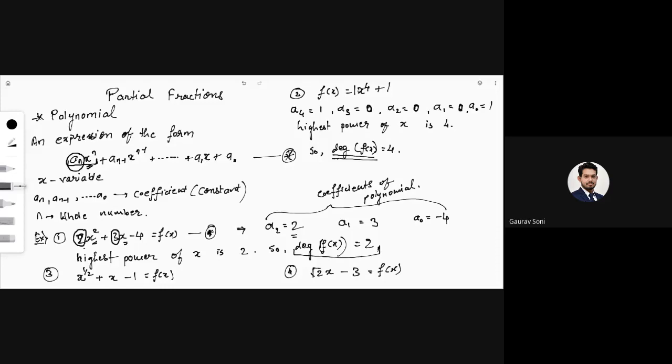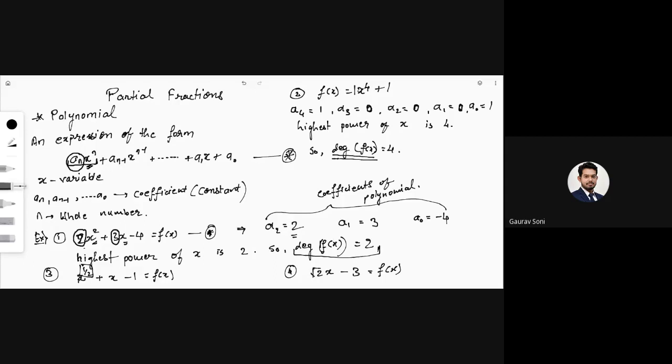Is the third one a polynomial? No, sir. Why? Sir, because n should be a whole number. Yes. So whatever is the power of x, it has to be a whole number. In this case, 1 by 2 is not a whole number. That's what you want to say, right?